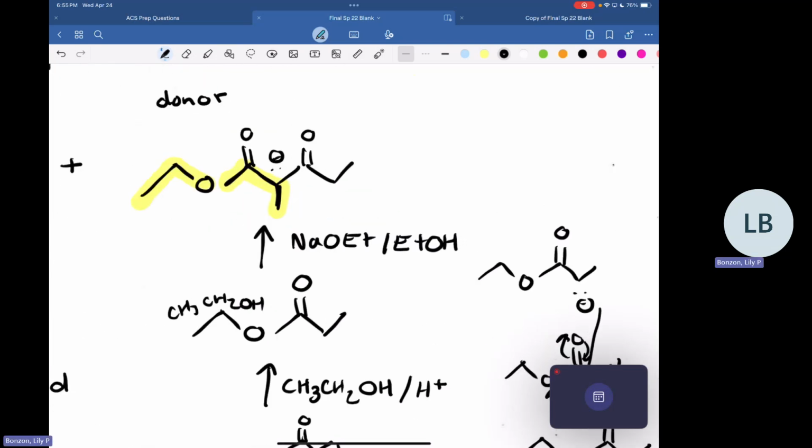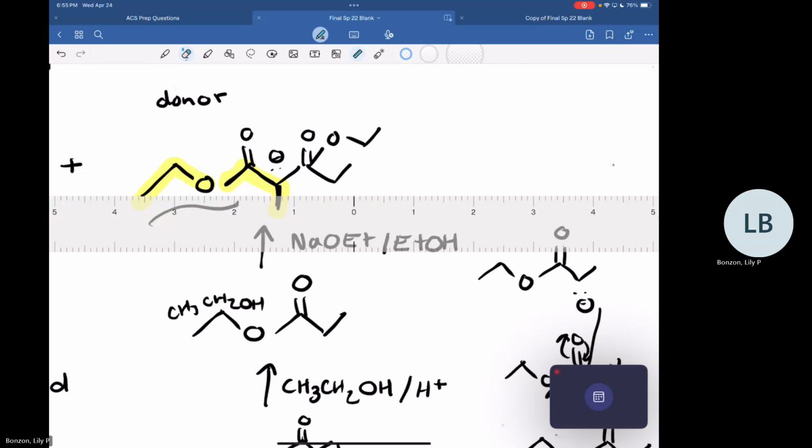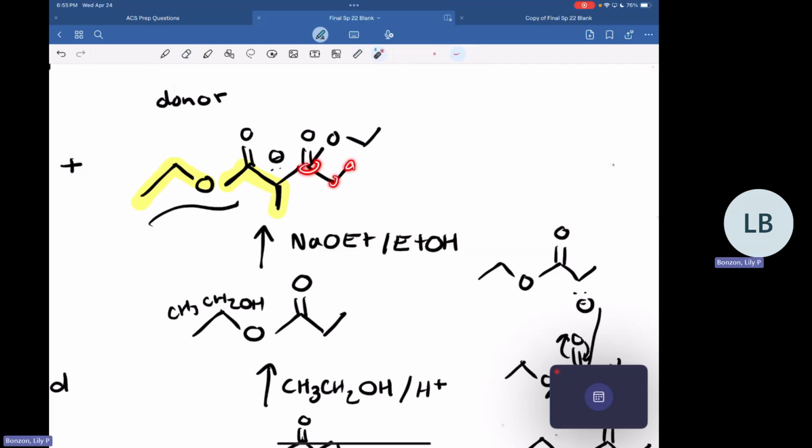So a way you could check it is to attach the other part. We have this O and then 2 carbons, and you compare them. You'll see we have 1, 2, 3, ester 4, 5 on both, so you can check it like that.